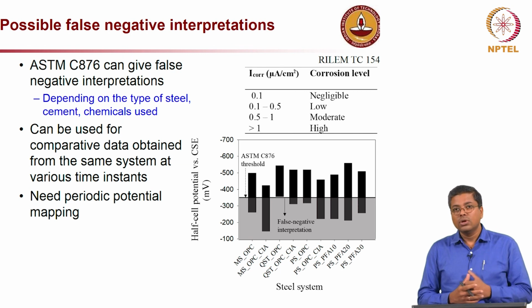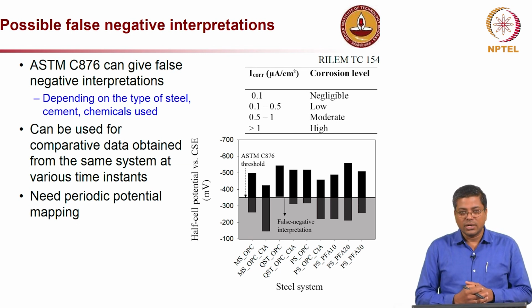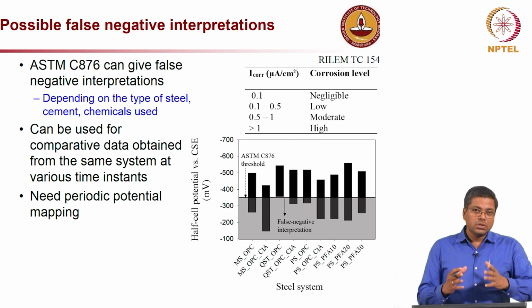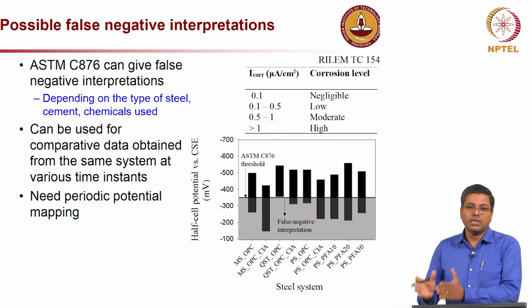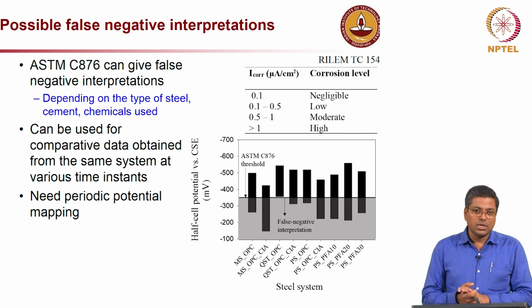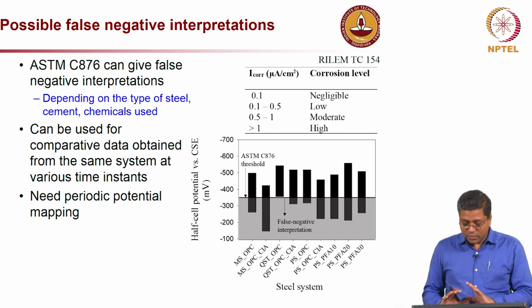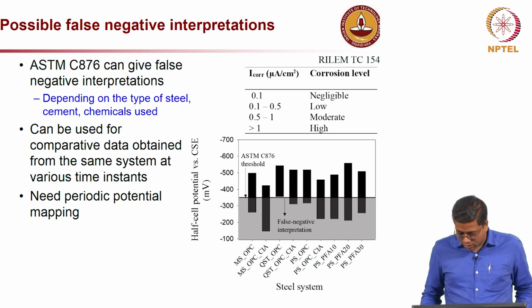on how to judge or interpret the data, because you cannot use the same criteria given in ASTM C876 and apply it on all sorts of steel reinforced concrete systems, which will give you very misleading interpretation.